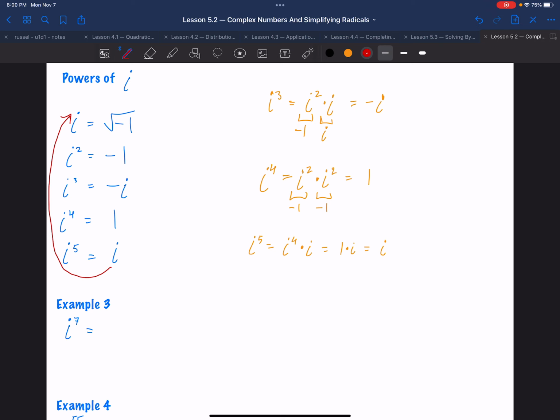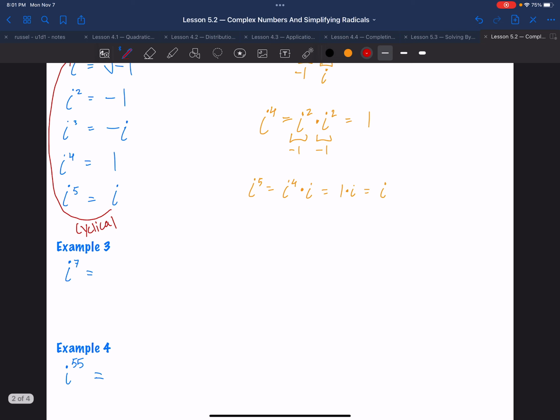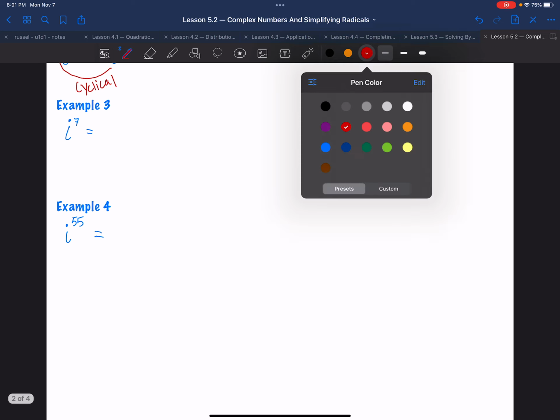It's a cycle, cyclical, because I go back to i. So when I do i to the 6th, that's going to be the same as i squared. So let's take a look at example 3 here: i to the power of 7.